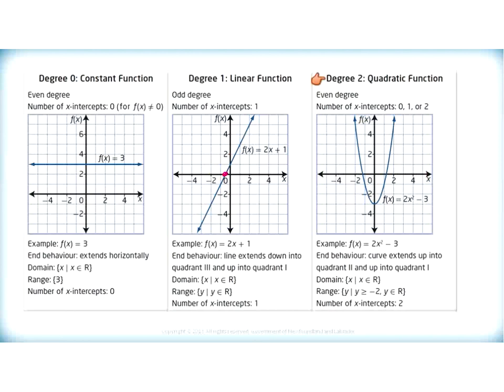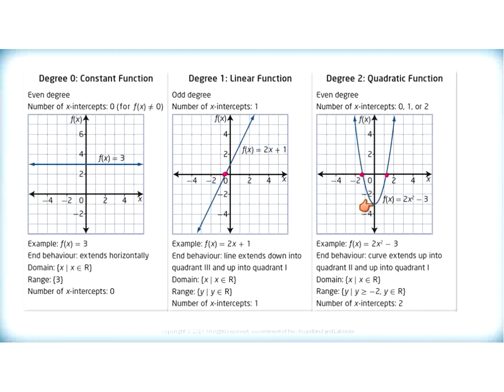A quadratic function is of degree 2. It's an even degree. You could have a parabola that has 0 x-intercepts, 1 x-intercept, or 2 x-intercepts. In this particular example, we have 2 x-intercepts. The curve extends up into quadrant 1 and up into quadrant 2. The domain is any real number, but the range is dependent upon the location of the vertex.